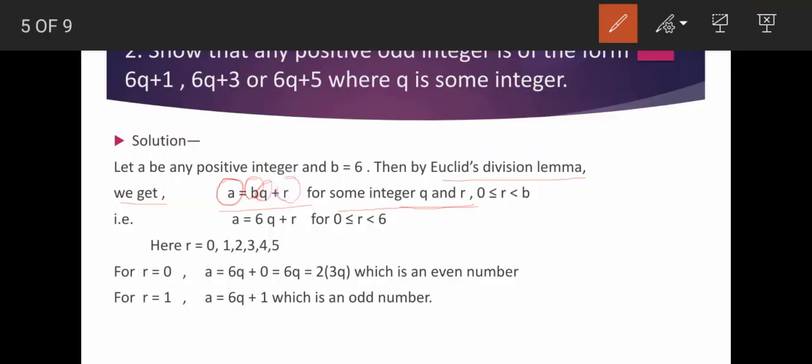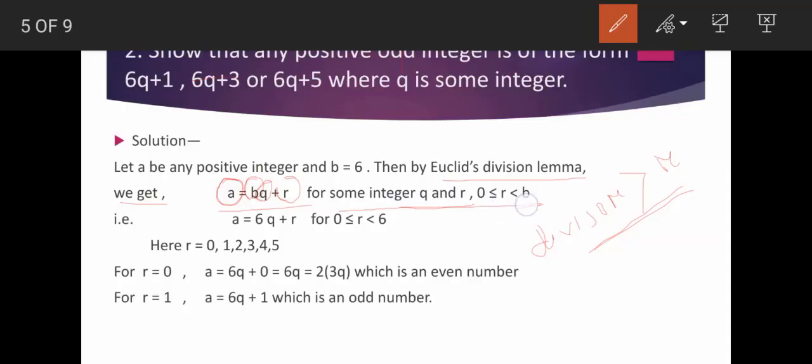While solving the previous questions we have already noticed that the divisor is always bigger than the remainder. Therefore b is bigger than r, and the remainder should either be equal to 0 or greater than 0.